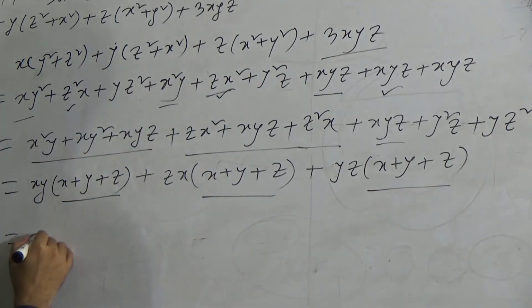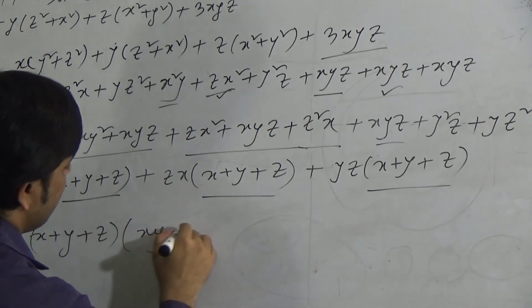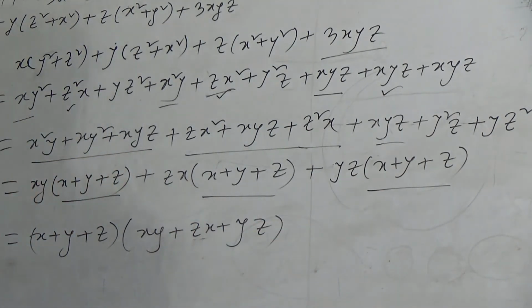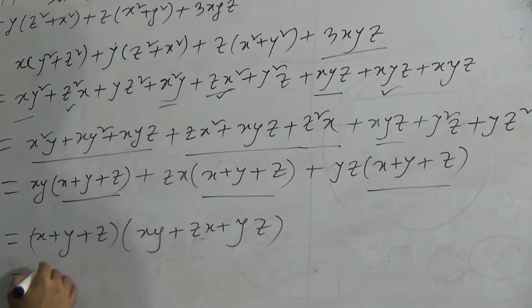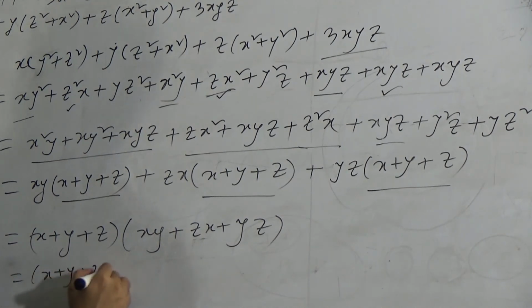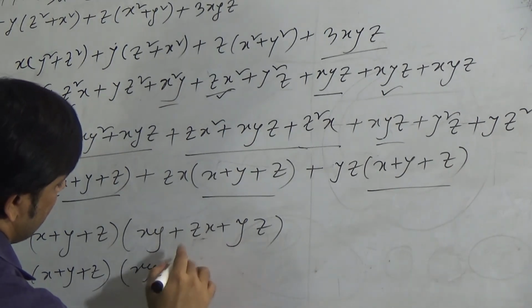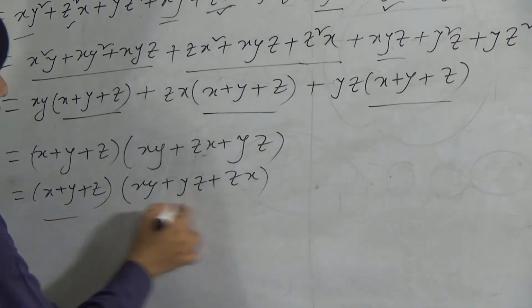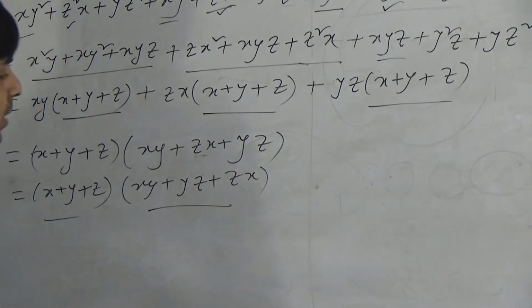So we can take x plus y plus z as common. If we take this as common, we will get here xy plus zx plus yz. We can arrange this in the form of a cyclic expression: x plus y plus z times xy plus yz plus zx. Okay, dear students, so factorization is done. I have obtained 2 factors by factorizing this expression. This is the answer.